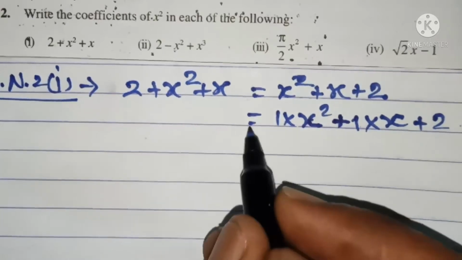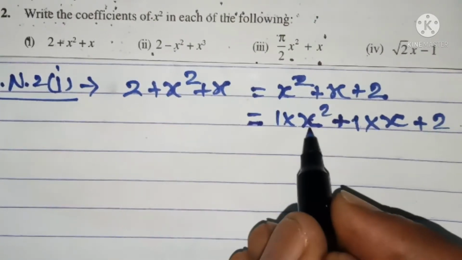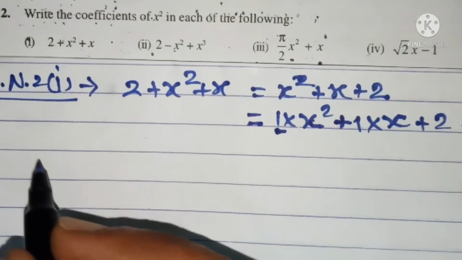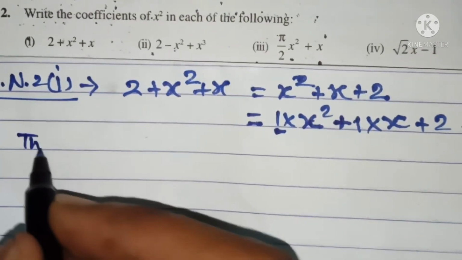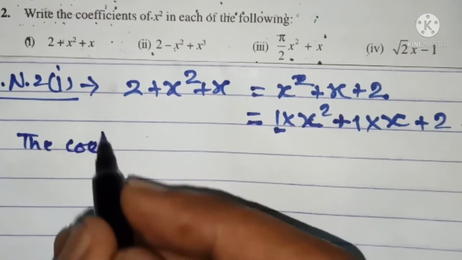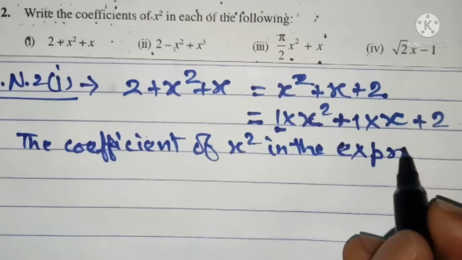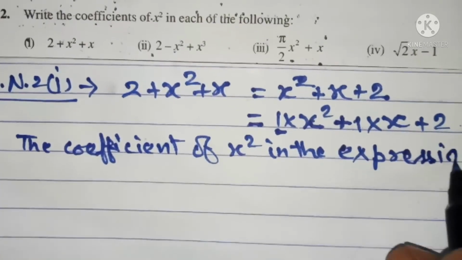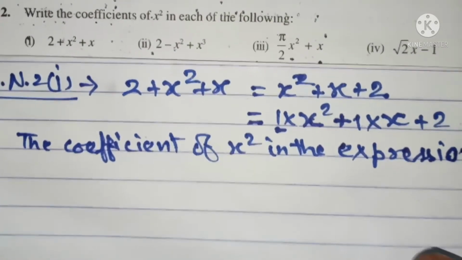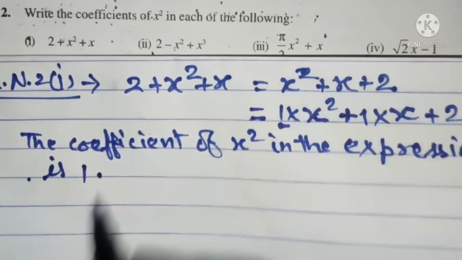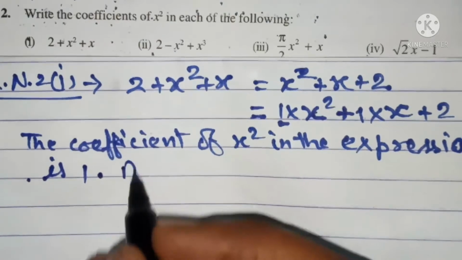You can see that the coefficient of x square is 1. So the answer will be: the coefficient of x square in the given expression is 1. This is our answer.